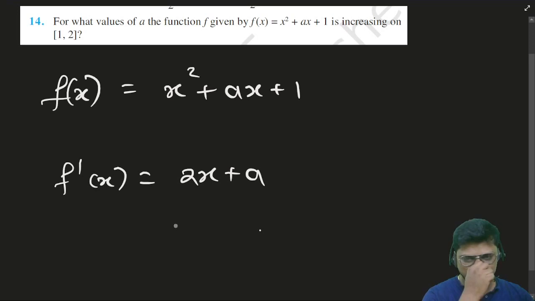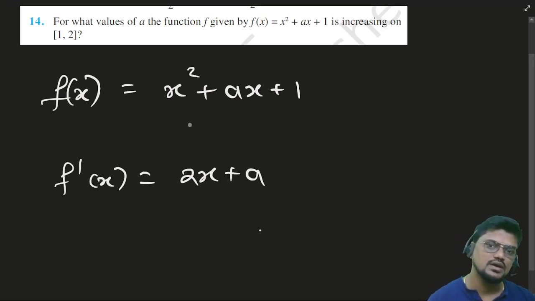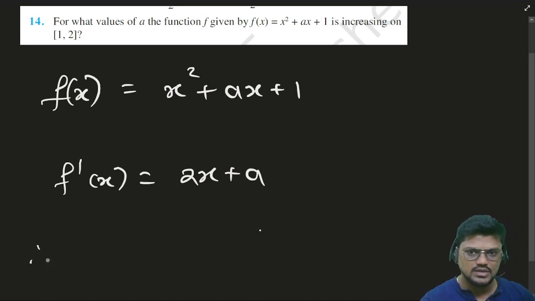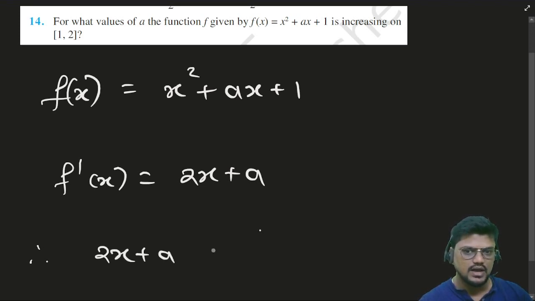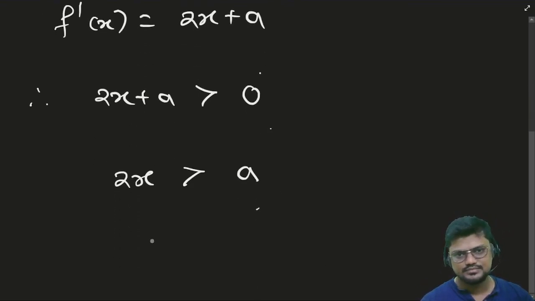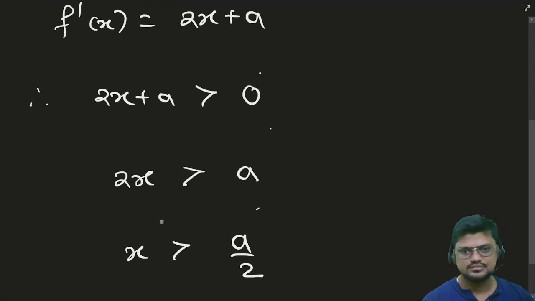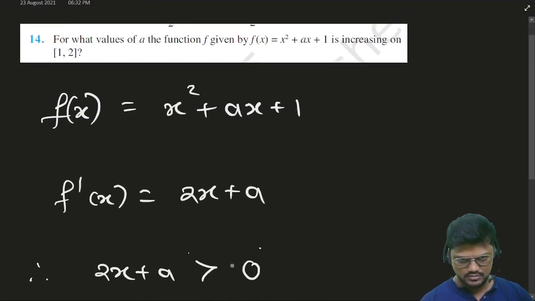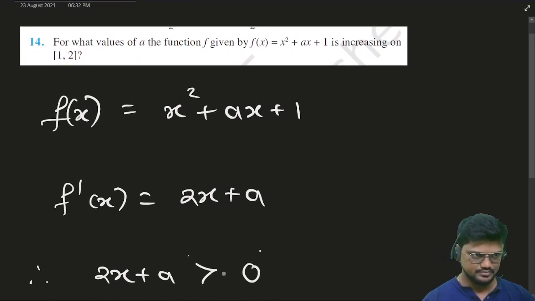Now the function will be increasing when this value is greater than 0, right? Therefore, 2x plus a has to be greater than 0. That means 2x has to be greater than minus a, and x has to be greater than minus a by 2.